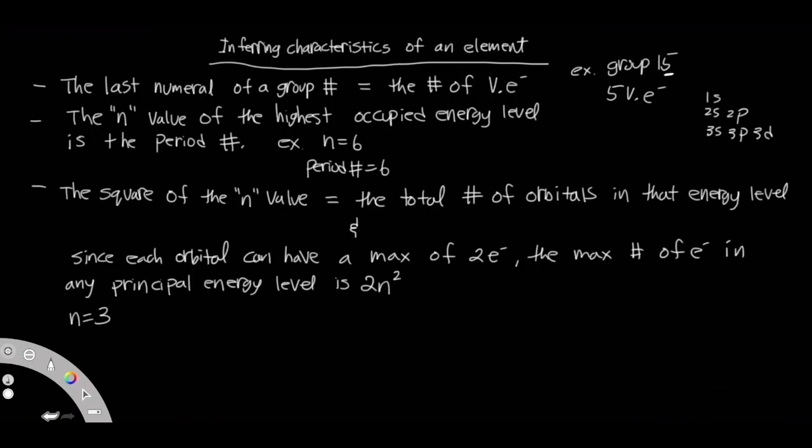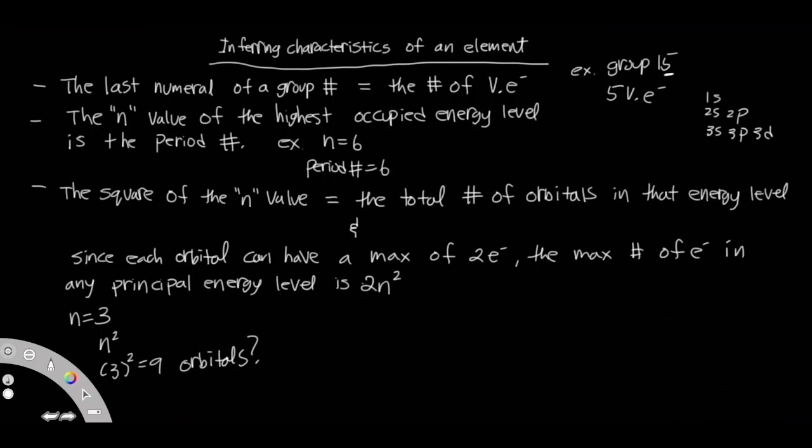Alright, if n is equal to 3, what do we end up getting? So if n is equal to 3, we know that if we square it, it's going to give us 9. So are there 9 orbitals? What's the proof for that? Well, we've already written up here that the 3s, the 3p's, and the 3d's exist for the principal quantum number of 3.